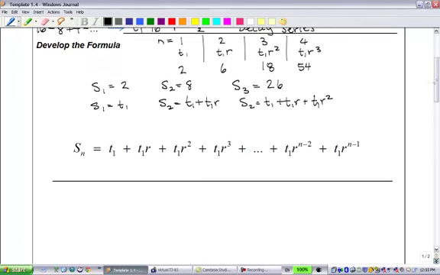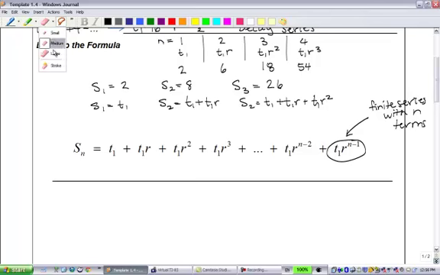For instance, if we had n terms, this finite series with n terms is going to have a last term of T1 R to the n minus 1. So that's that term right there. That should make sense because that is just the general term for a geometric series.